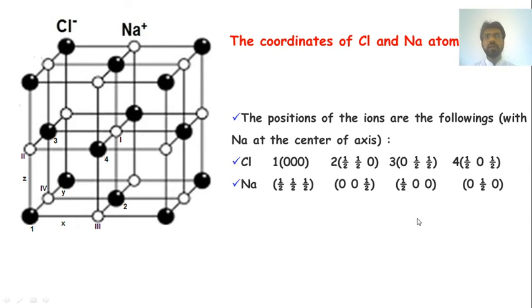Also you should know the coordination number of the Na plus ion with respect to the Cl atoms and of the Cl atoms with respect to the Na plus atoms. Next, you should also know which type of voids are present in this unit cell and how to determine the fractional coordinates of the chlorine and the Na atoms. Thank you.